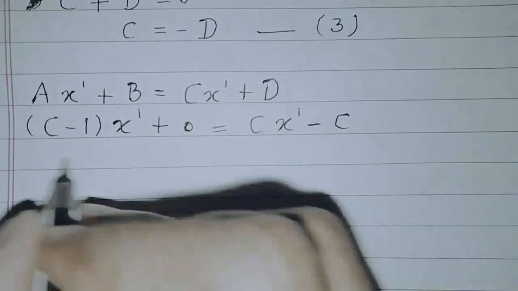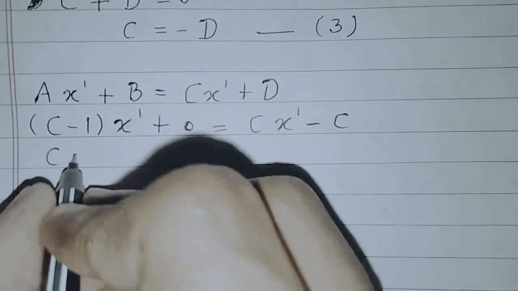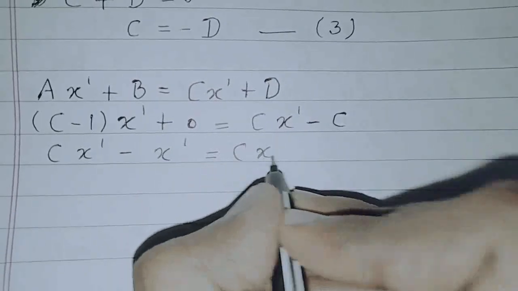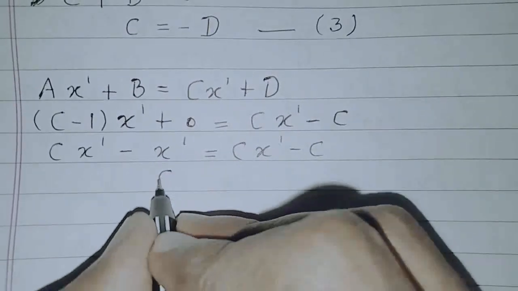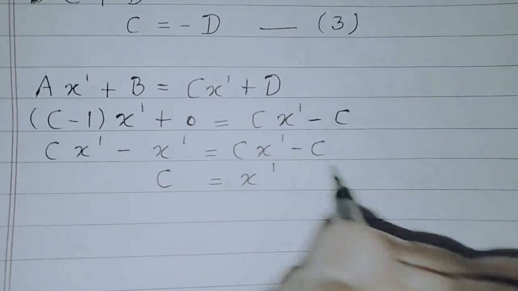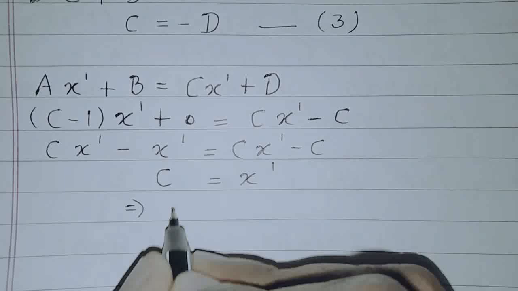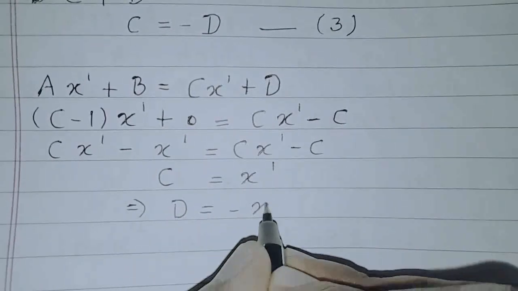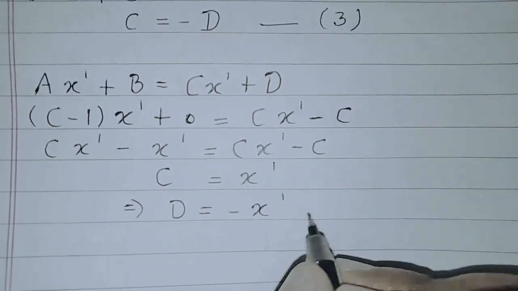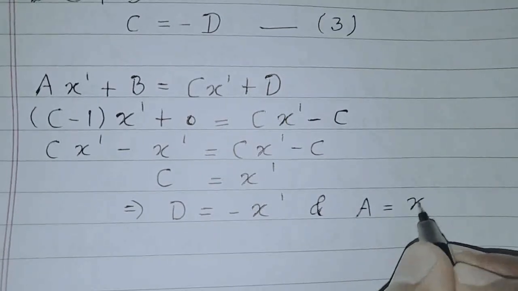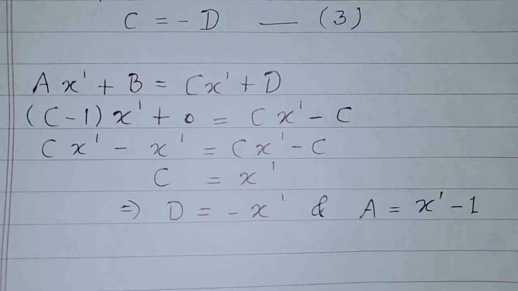So now we can write it as c x dash minus x dash equals c x dash minus c. On solving it, c equals x dash. And then this simply implies d equals minus x dash, and a, which was equal to c minus 1, is now x dash minus 1, and b is already obtained to be 0.